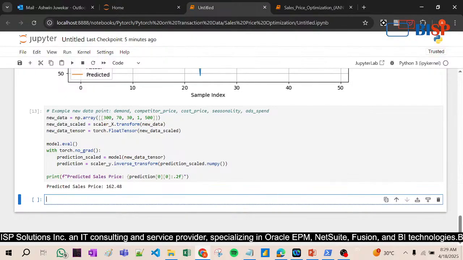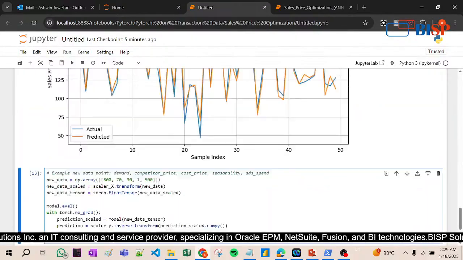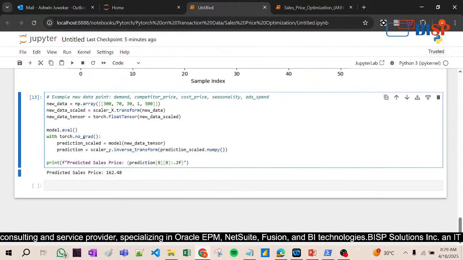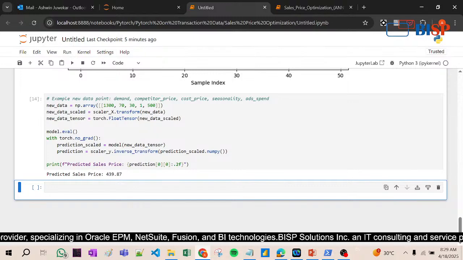Now suppose if I increase the product demand to 1300, so 162 will become 439.